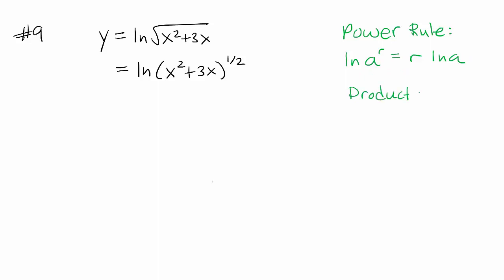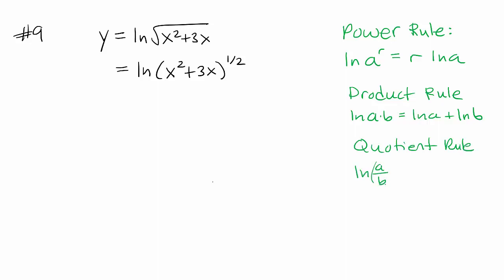You also had product rule. So if you have ln a times b, you could write that as ln a plus ln b. And you had quotient rule. So if you had ln of a over b, you could write that as ln a minus ln b.